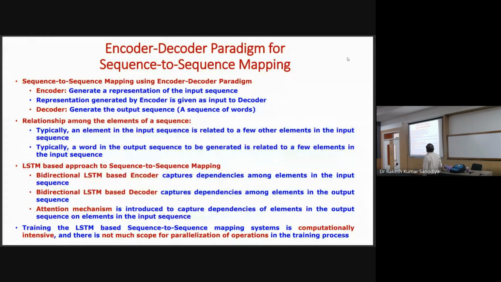And there have been many successful systems based on LSTM models, but they are computationally very intensive, and they also require huge amounts of training data. And there's not really much scope for parallelizing the operations so that the training can be made faster.